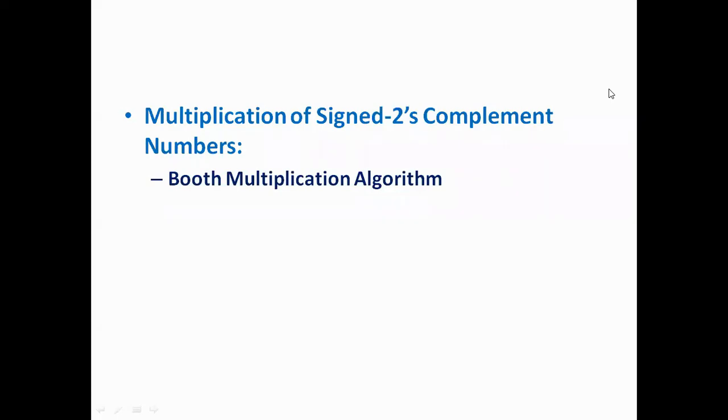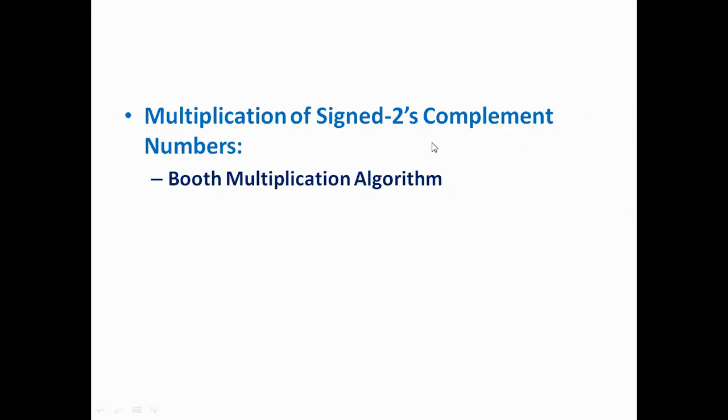Multiplication of signed 2's complement numbers. Those numbers where the negative number is represented in terms of 2's complement and the positive are represented just by a sign bit and a magnitude.